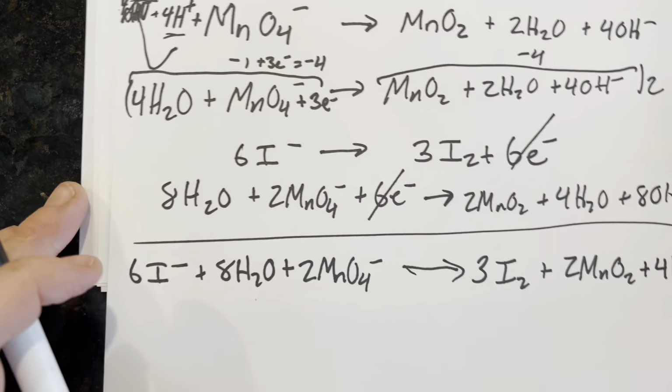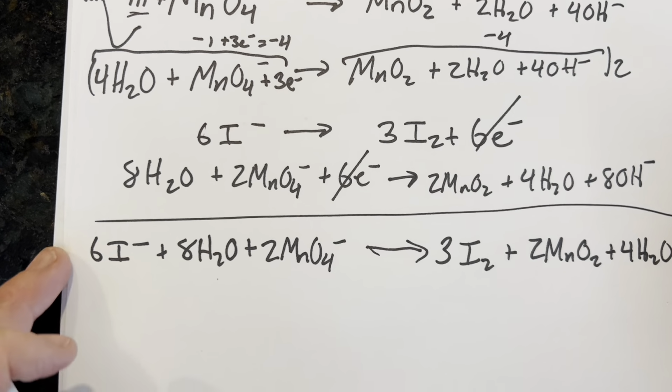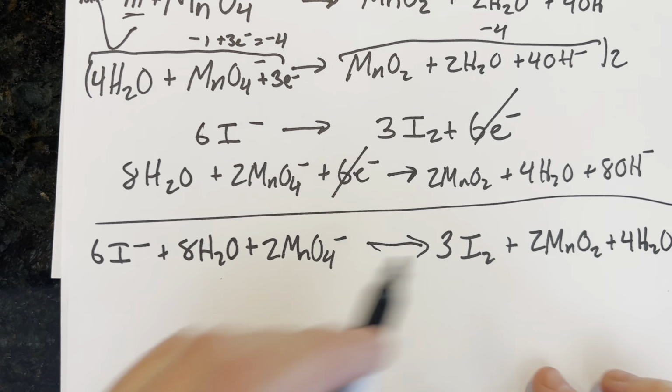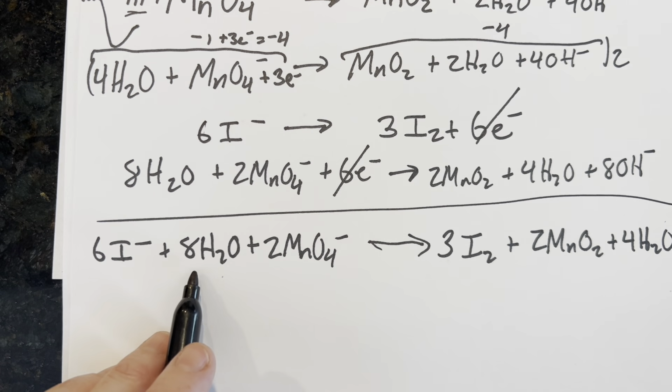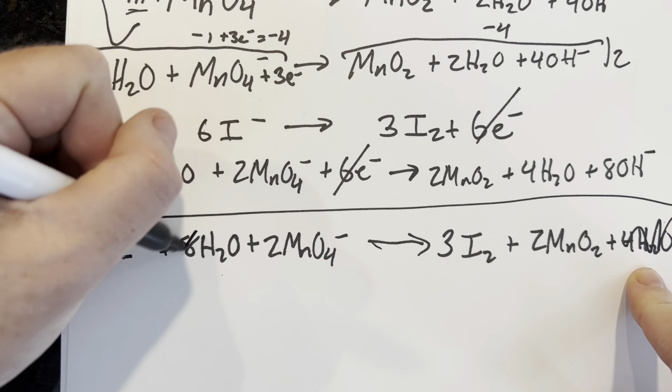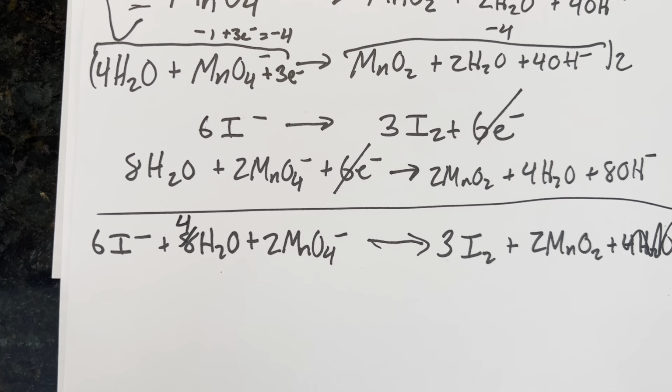Sweet. All right, so now we're looking okay, but we're not done yet. I see that there's 8 waters and 4 waters, so those can cancel. I have 8 waters over here and 4 waters over here. So in other words, 4 of these will cancel. So cross that out. And now we only have 4 waters left over here.